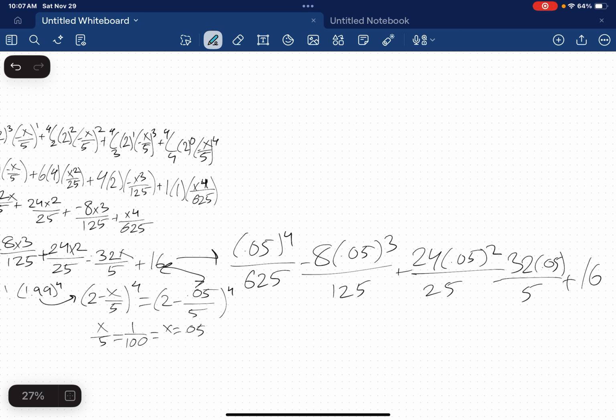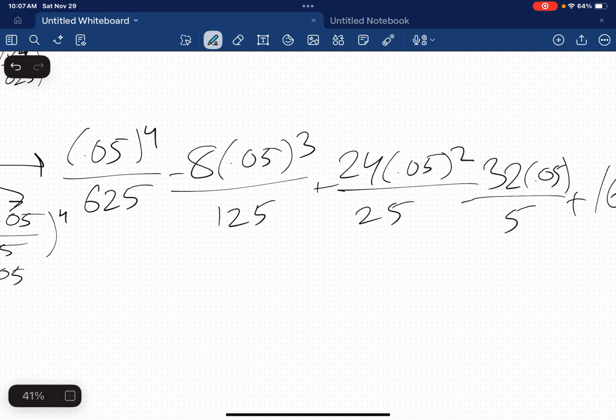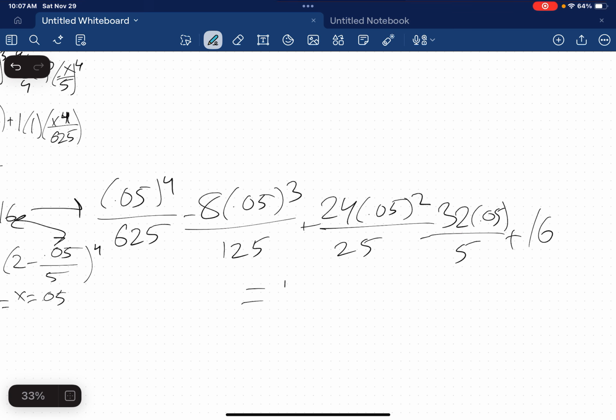And I'm not going to show every single step of it, but it's asking to 5 decimal points. And once you plug this into a calculator to 5 decimal points, you get 15.68239. And that is our answer to 5 decimal points.